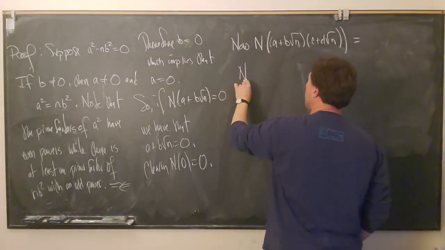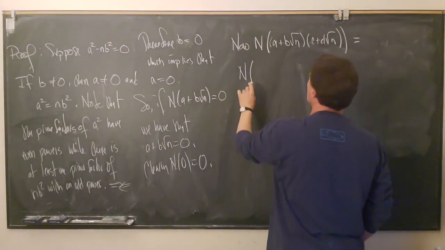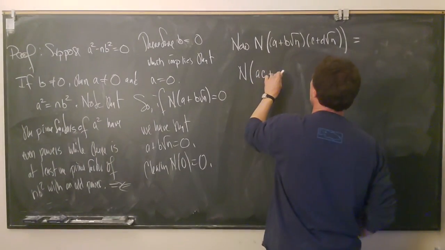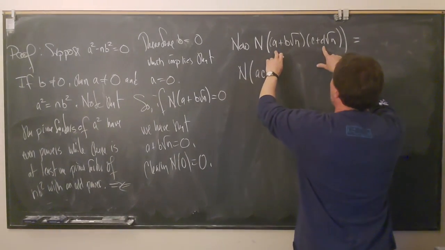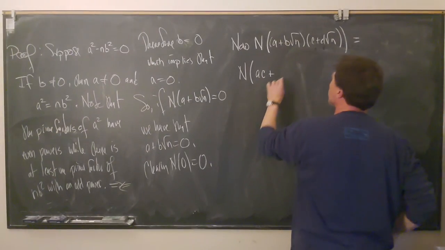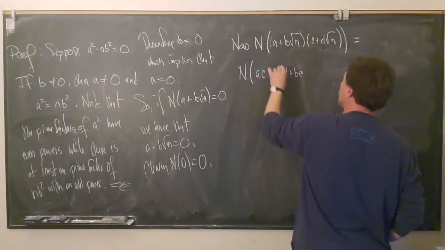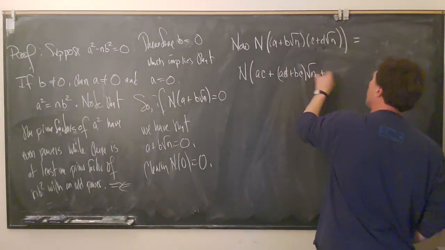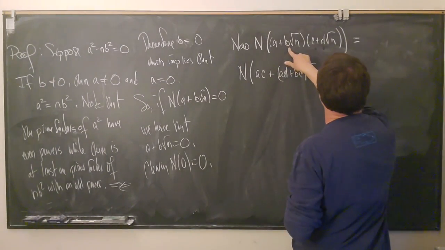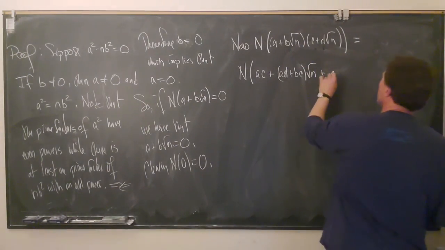So this is going to be n of AC plus AD plus BCN, AD plus BC root n, plus we'll have BDN.